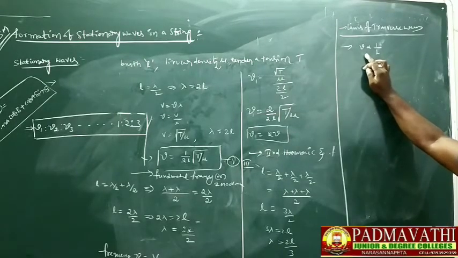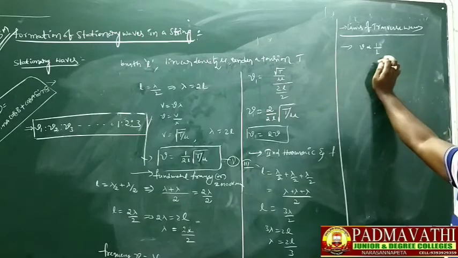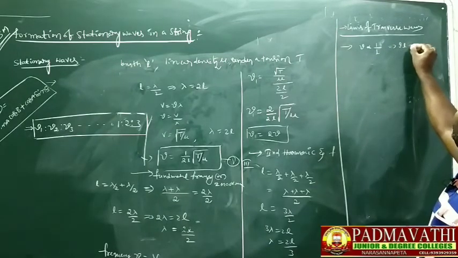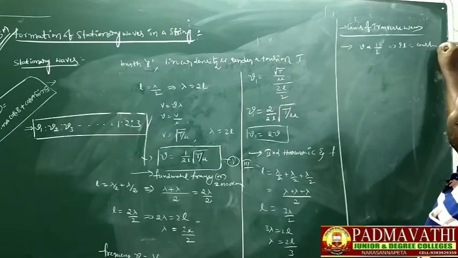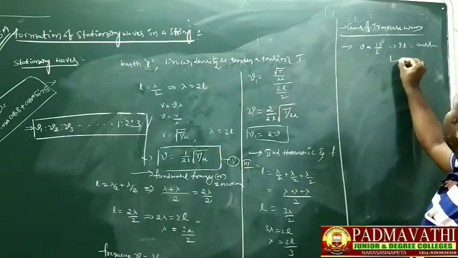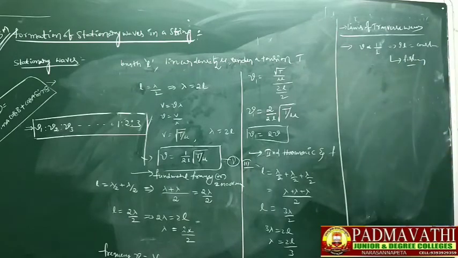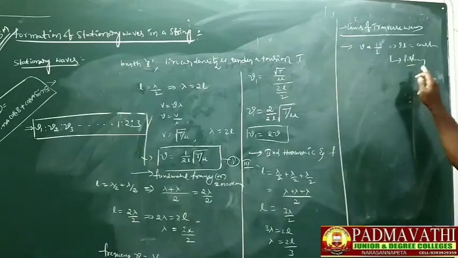That is nu is proportional to 1 by L, or nu L is equal to constant. This is the first law of transverse waves.